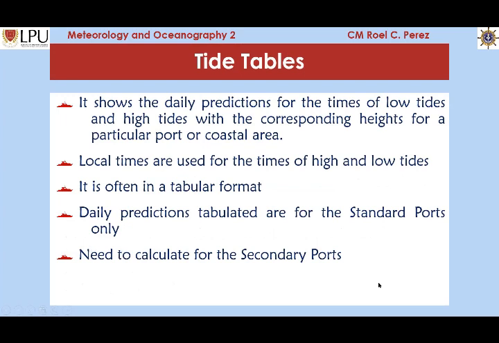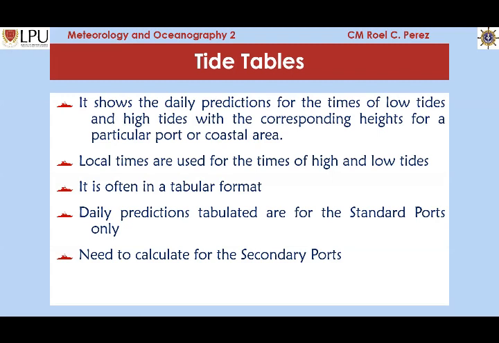Okay, so we go to the tide tables. It shows the daily predictions for the times of low tides and high tides with the corresponding heights for a particular port or coastal area. So for example, in Batangas, if there is a tidal difference there, then there is also a tide table for them, even if you will use the Admiralty tide tables, which is mostly used on board.